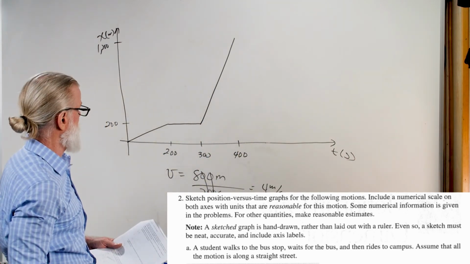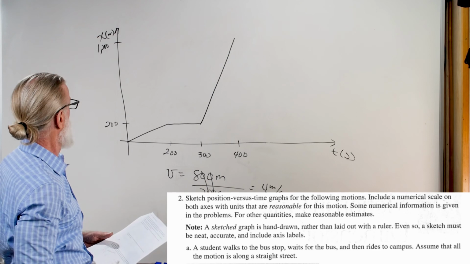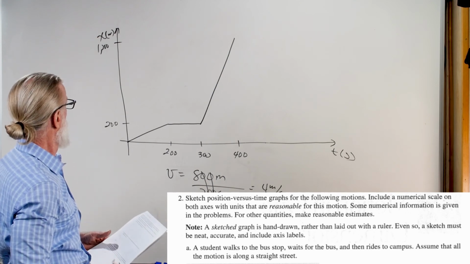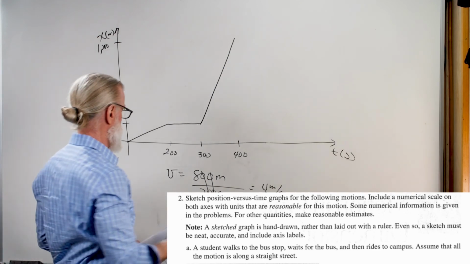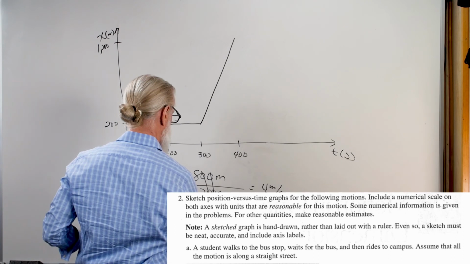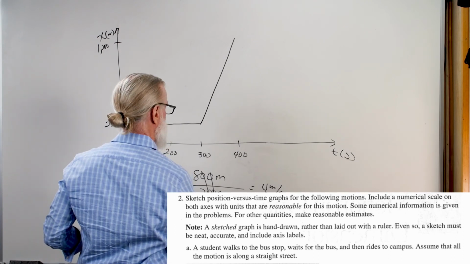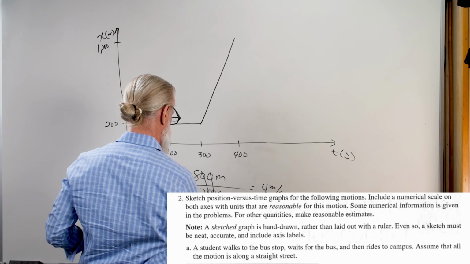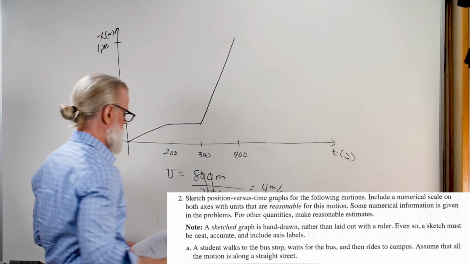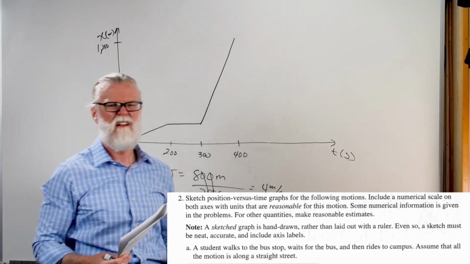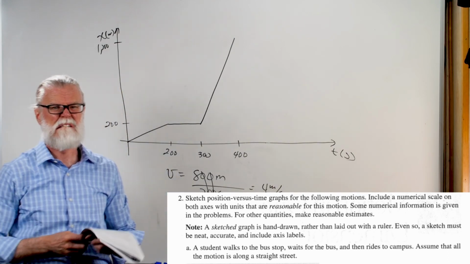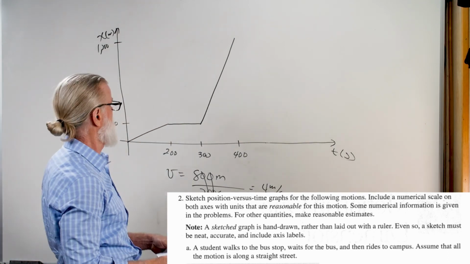There you go. That's probably better. So what did we go? We went 1,000 meters in 100 seconds. That's 10 meters per second, or about 20 miles an hour. All right, it's a slow bus. Anyways, there you go.